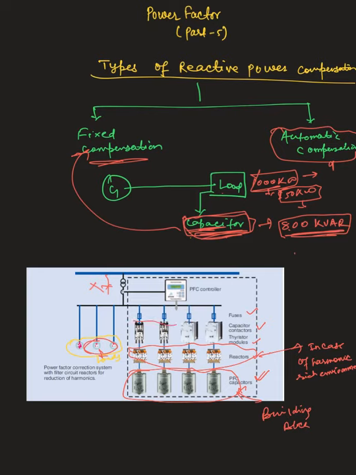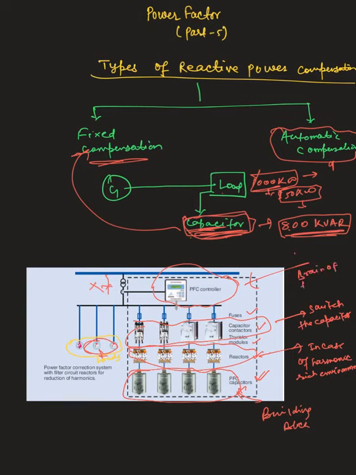The contactor, or the capacitor duty contactor, is used to switch the capacitors. When the load is varying, this contactor will switch on or switch off according to the load requirement, according to the kVAR requirement. This power factor controller right here is the brain of the panel.